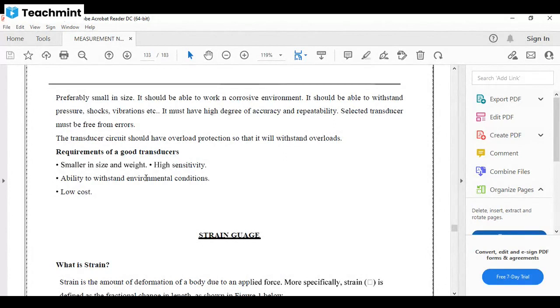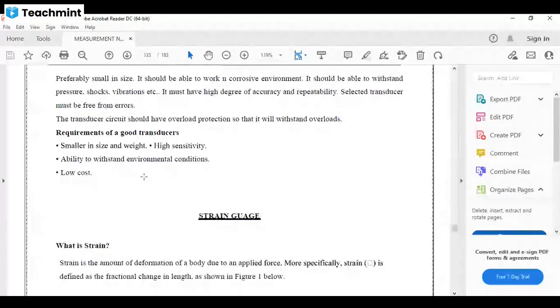According to their working type, transducers are classified as capacitive, resistive, inductive, voltage and current, and there are selection procedures for transducers, their properties, and active and passive transducers. These are the basic parts.